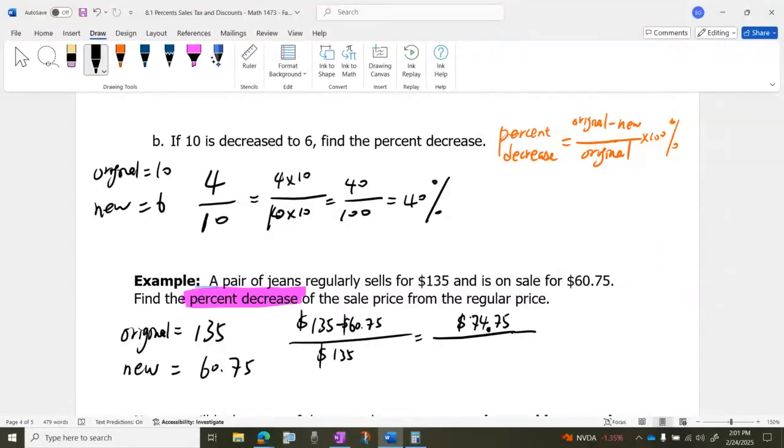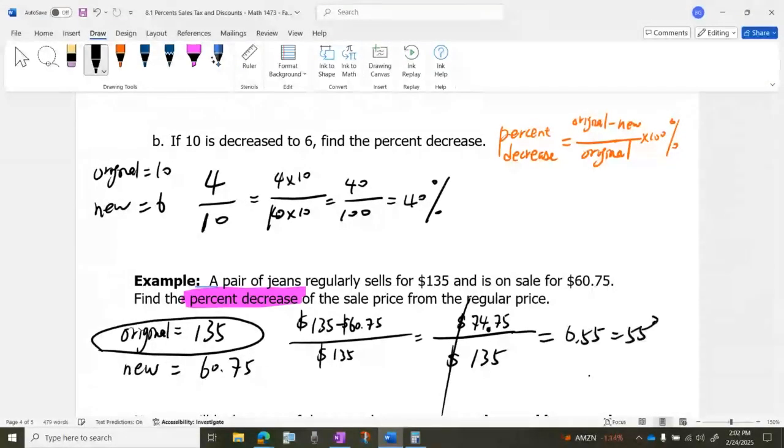But you are looking for the percent decrease, so you're going to compare that amount of dollars with the original amount of dollars. So the dollar cancels dollar. Remember the property of fractions? So you do not have a unit. You have 0.55, and that is 55%. So it means the product is on sale with 55% off. This percent decrease is actually your discount rate. Is that clear, everybody?